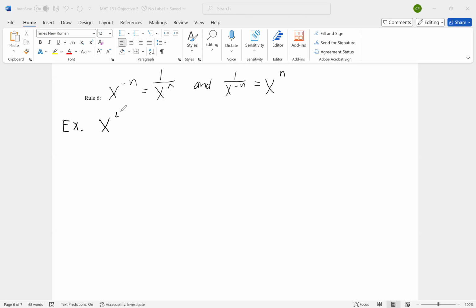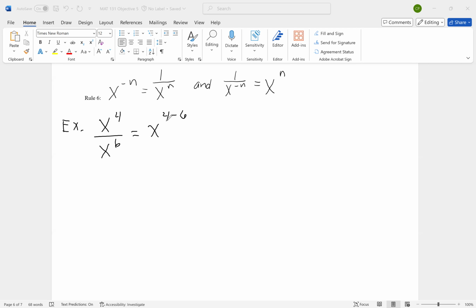So this problem right here, x to the 4 over x to the 6, okay? Let's say we do rule number 4 and we subtract the exponents.